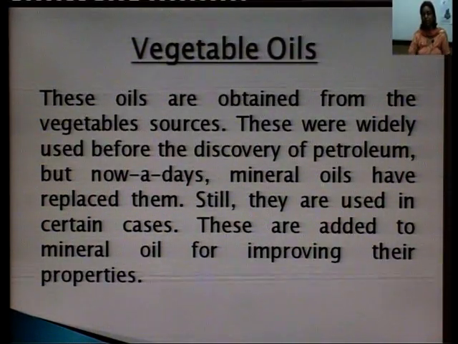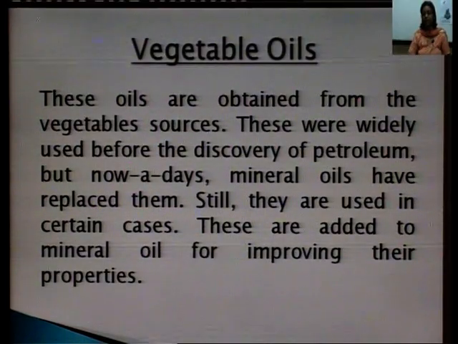Now, these vegetable oils were such as mustard oil, coconut oil. These were routine oils which we were using. Now, still these oils are being used, or these are added to mineral oils for improving their properties. That is, we can use vegetable oils as such, or we can mix them with the mineral oils and improve their properties.